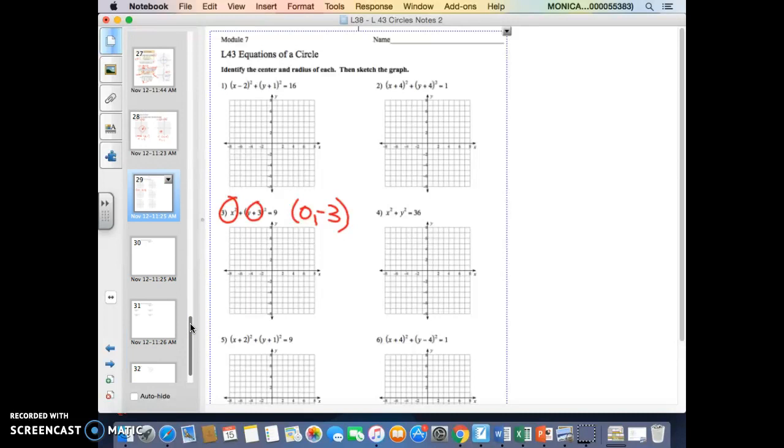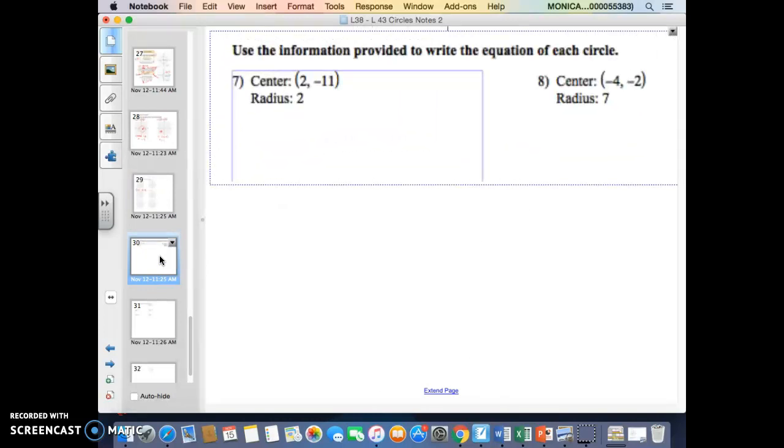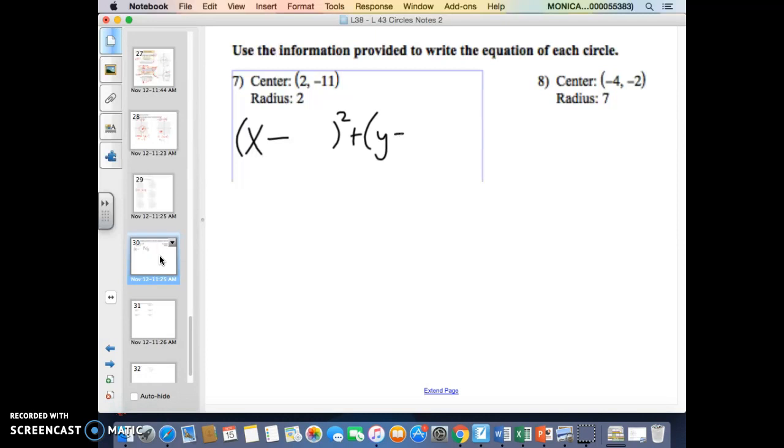All right, the last thing I'm going to show you is when you're given the center and the radius, you can easily write your equations. So you're going to start with x minus blank squared plus y minus blank squared equals, and in this case it's going to be 2 squared, the radius squared. So what do I fill in here?